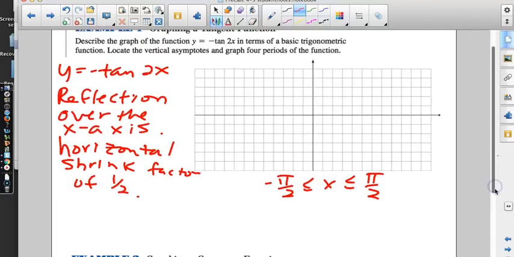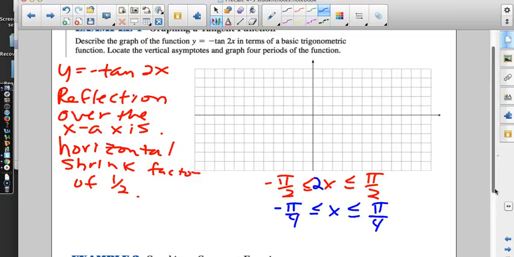But this problem has a 2 in here, so that means we have to divide everything by 2. So this is going to go from negative pi over 4, and again, dividing by 2 is the same thing as multiplying by 1/2, less than or equal to x, which is less than or equal to pi over 4.